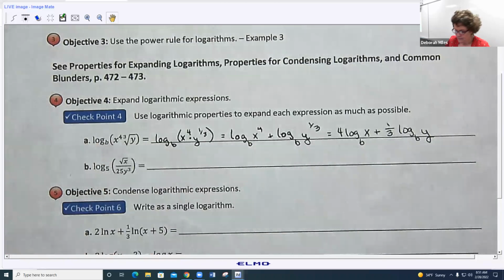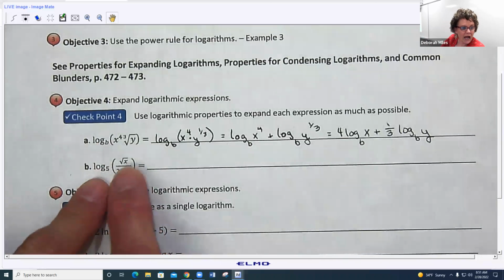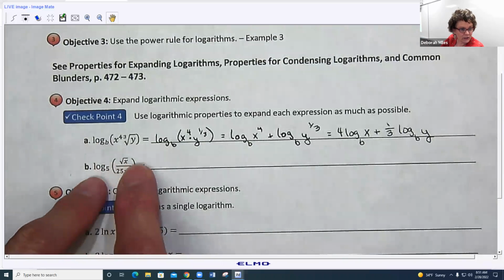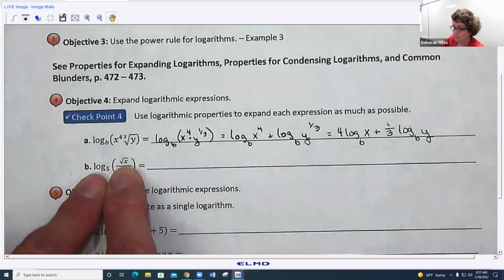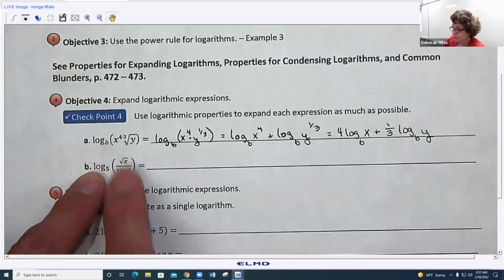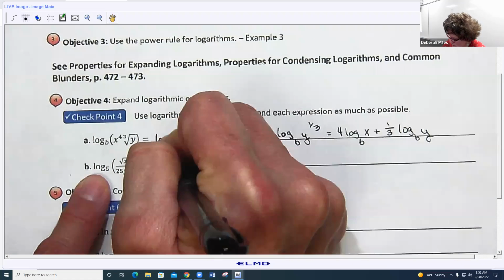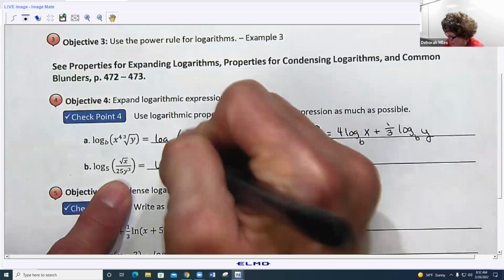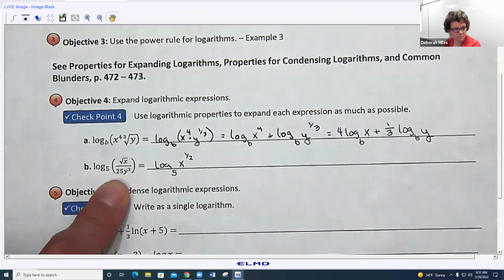All right, let's do the B part. Again, the directions say write radicals as exponents. So what exponent means square root? 1/2. Is it okay if we go ahead and say, break that into the difference of 2 logs? I don't think that would be skipping too much. Log base 5 of x to the 1/2 would be the first term.